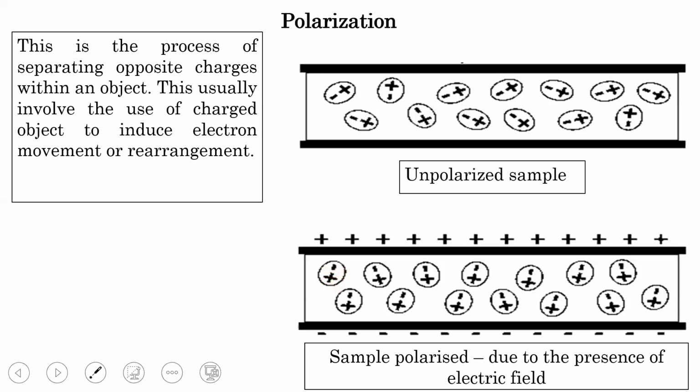The positive part of the atoms have turned, pointing, not directly, but to an extent, towards the negative part of the field, which makes the negative part of the atoms point towards the positive part of the field. So the arrangement here appears more orderly compared to the sample that is unpolarized.